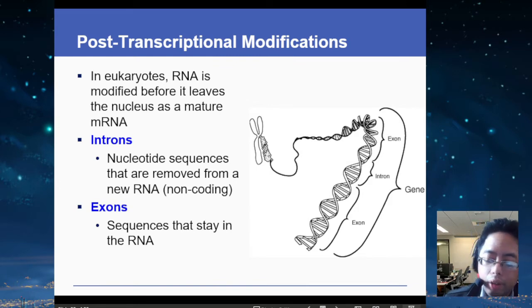Something like if you read a book, they are kind of like empty pages or a title page, or something like an in-between page that just shows you chapter 1. It doesn't have anything inside for you to read. Those are the parts that we do not want, so those are removed. The only parts that are left will be the exons.